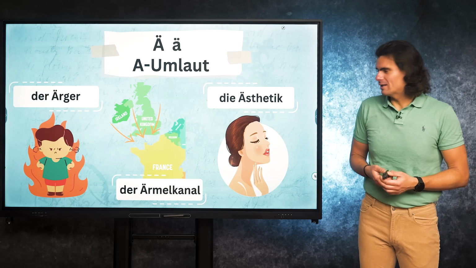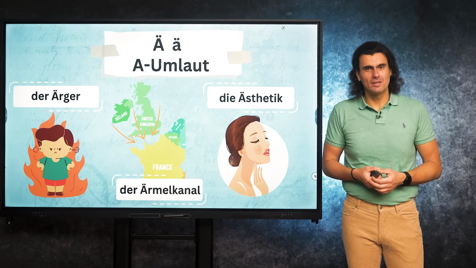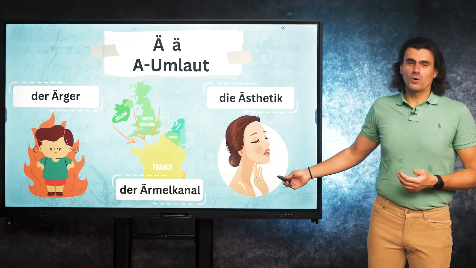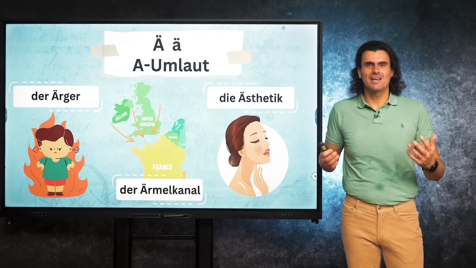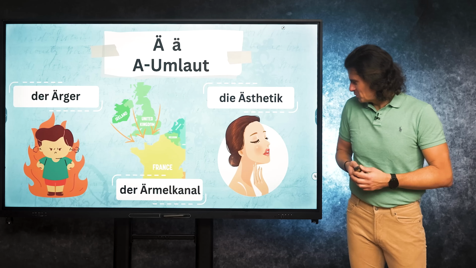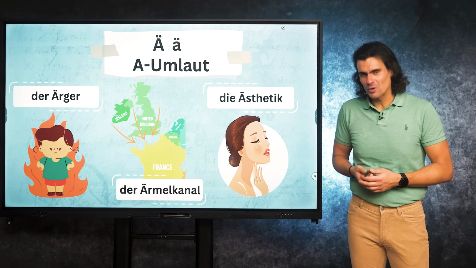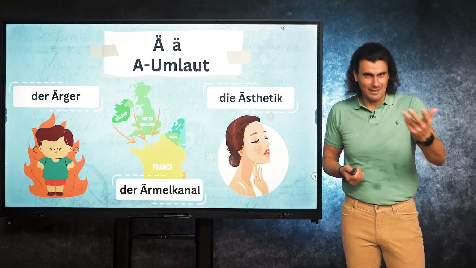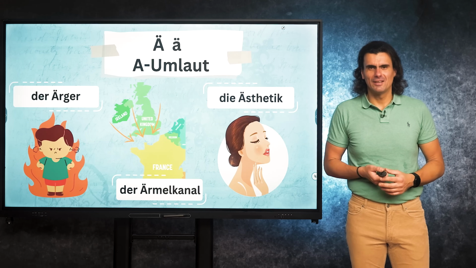Der Ärmelkanal ist zwischen England und Frankreich. And of course, 2025, the aesthetic. In today's world, nothing is more important than how we look. The aesthetic, which you have aesthetics as a word in English.